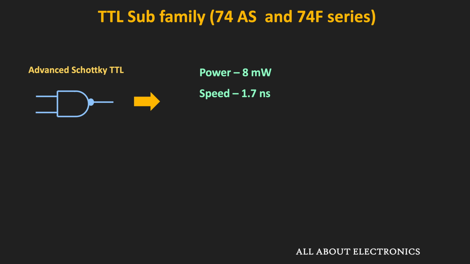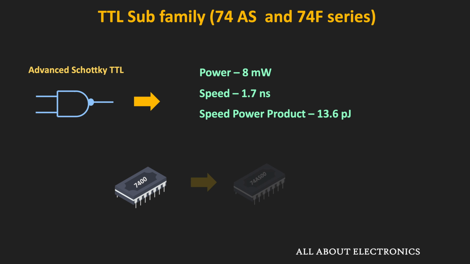So therefore, here the speed power product is around 13.6 picojoule. And then the 74F series is also very similar to the 74AS series, but this version was developed by the company called Fairchild. So if you see the characteristic of the 74F series gates, then that is comparable to the 74AS series. And that is how, over the years, the different versions of the TTL came into existence.